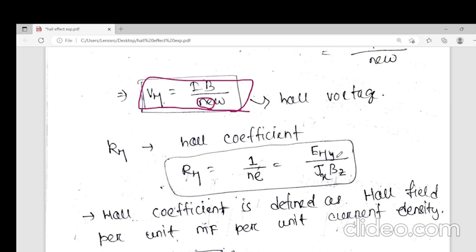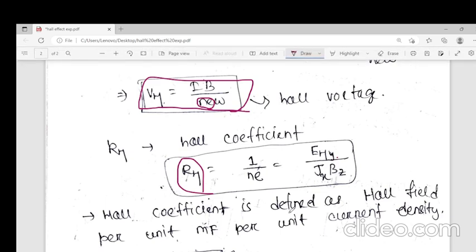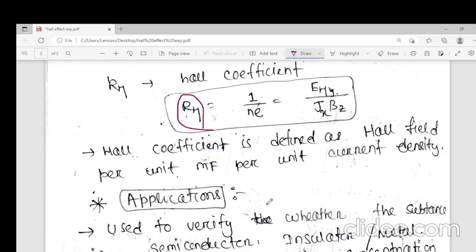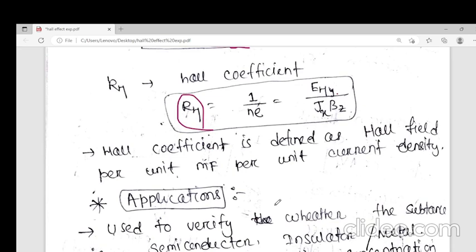Here the electric field is in the Y direction, the magnetic field is in the Z direction, and J, that is current density, is along the X direction. So RH will be E by JBx, or otherwise you can say in terms of 1 by ne. Okay, so what is the Hall coefficient? We can define it as the Hall field per unit magnetic field per unit current density.